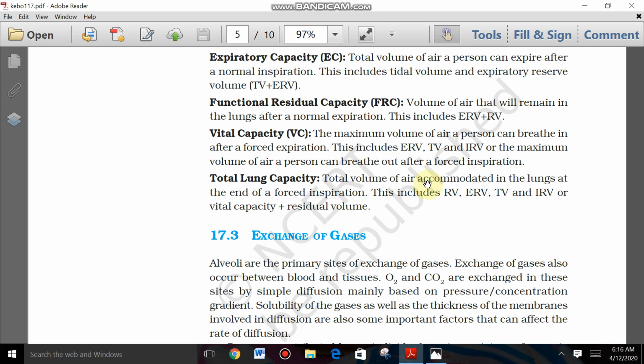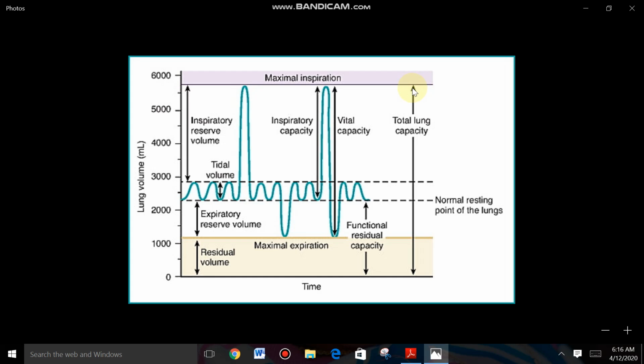The total volume of air present in the lungs at the end of forced inspiration, the maximum inspiration point, that is called TLC. So TLC is equal to VC plus RV. Otherwise another formula, IRV plus TV plus ERV plus RV.